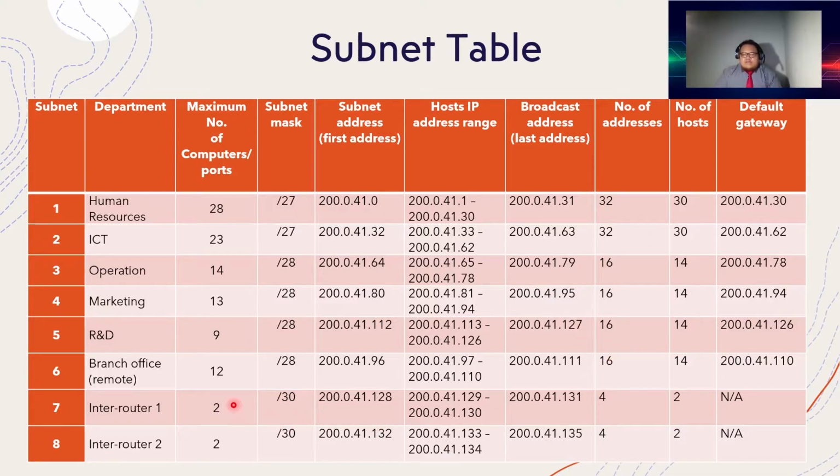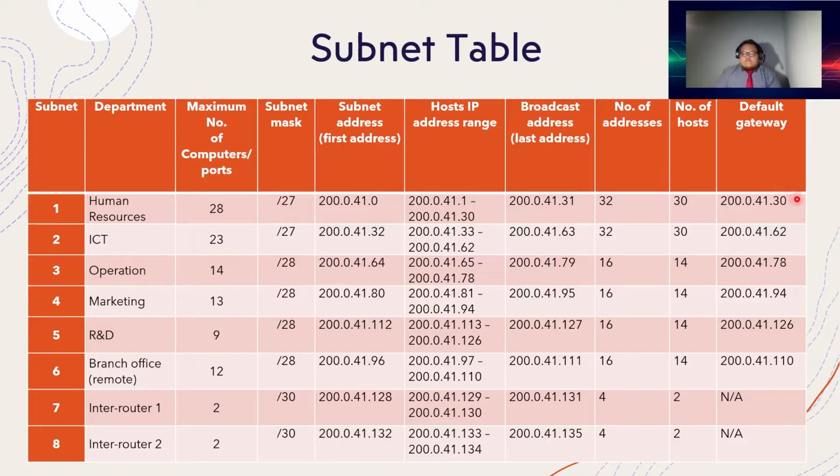And for inter-router 2, because the maximum number of ports is 2, we are going to get 4 addresses. And lastly, the number of hosts that are available and can be used in the topology and during the configuration is 30 for human resource and ICT, 14 for operation, marketing, R&D, and branch office, and lastly 2 hosts for inter-router 1 and 2.